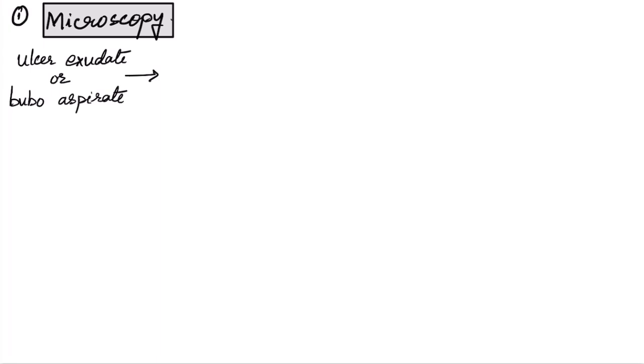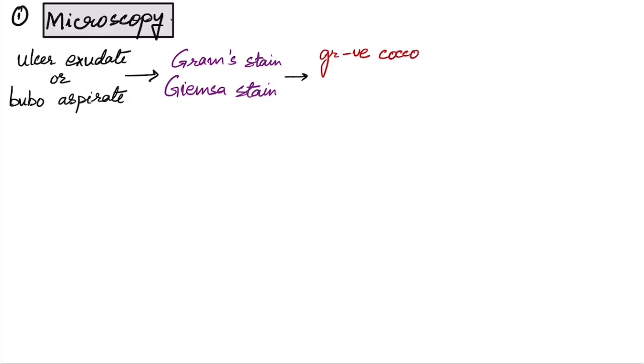What we do is we either gram stain it or we can also GMSA stain it. What we see in gram staining or the GMSA staining is that there are gram negative coccobacilli.